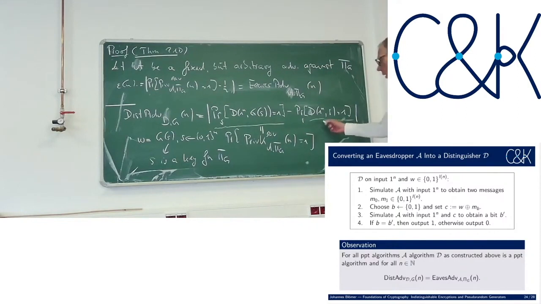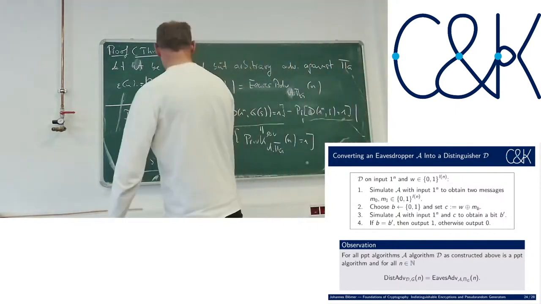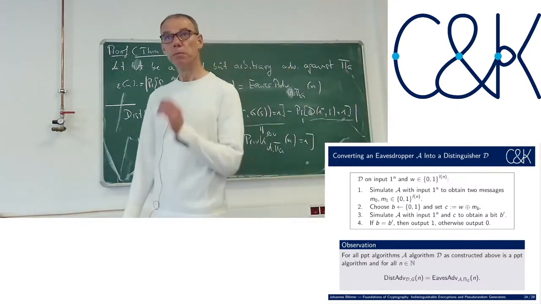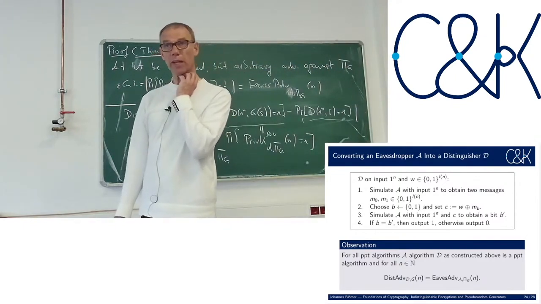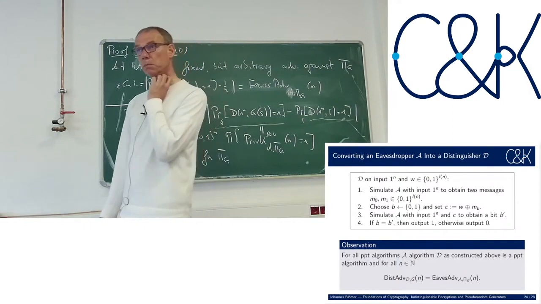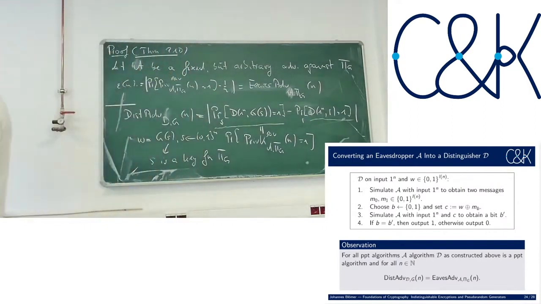In this world here, we get R uniformly at random of length L of n. Then what we get here, really in this game here, W is uniformly at random.